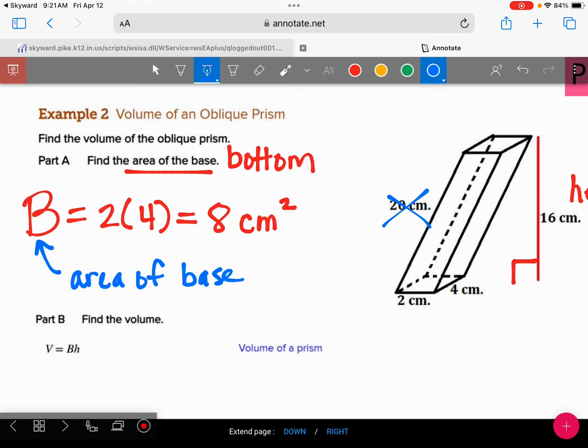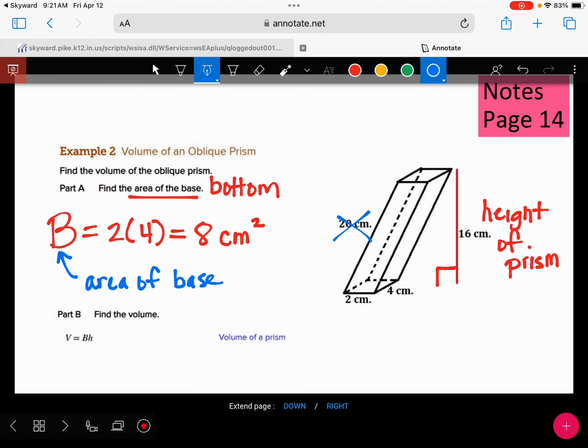So to find the volume, we're not going to use this 20. Cross that out. We're going to use the 16 because the 16 is the height of the prism. So volume is going to equal capital B, which we figured out was 8, multiplied by the height, which is 16. So go ahead, use your calculators, figure out what you get for 8 times 16.